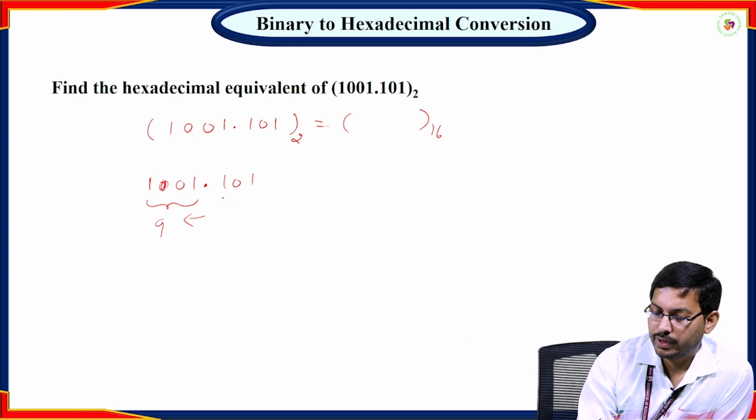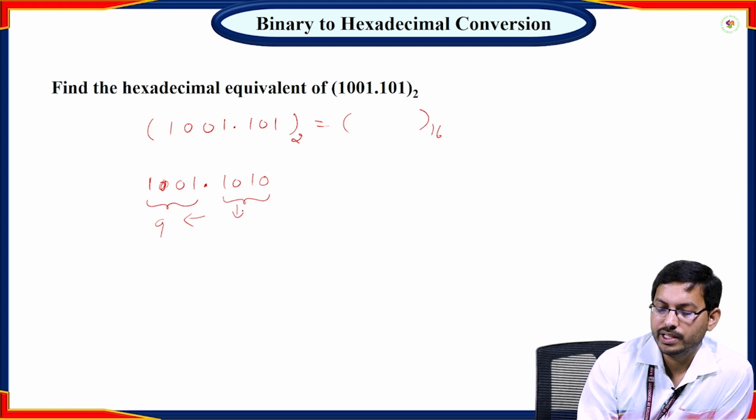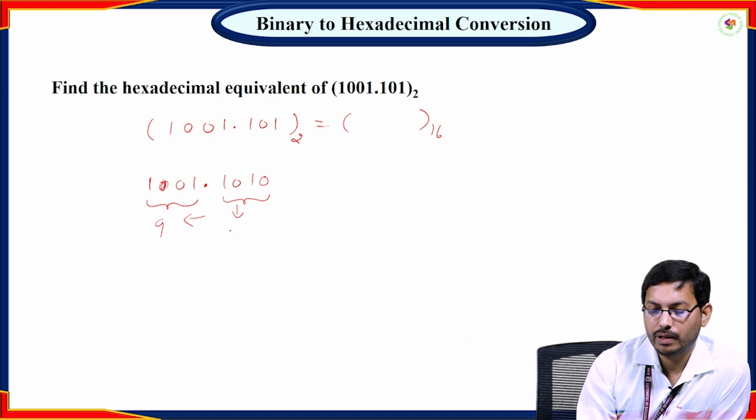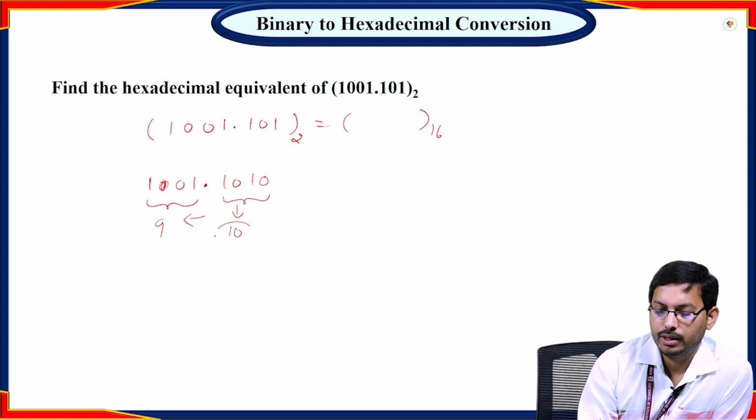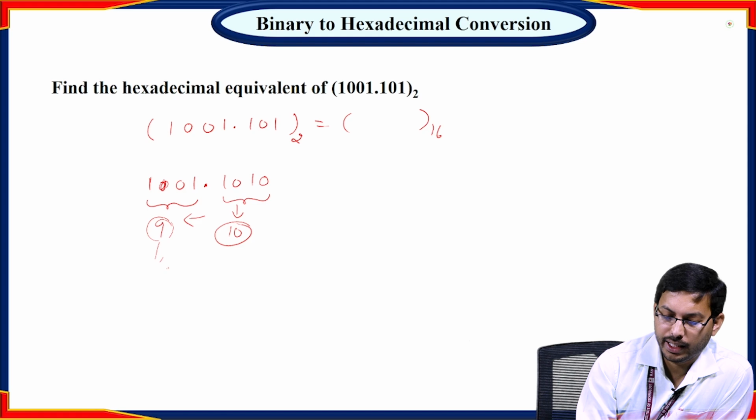Next we need to group bits like this, but here 101 is there, and according to the hexadecimal number system we need to group it as 4. So we just need to put a 0. Now after converting this 1010 value, it is nothing but 10.